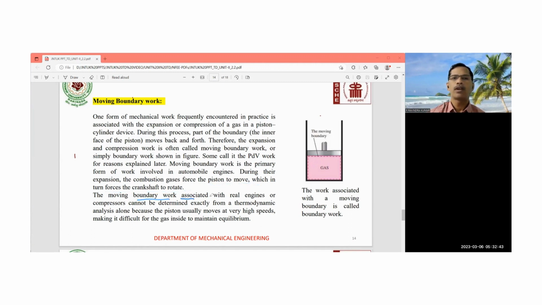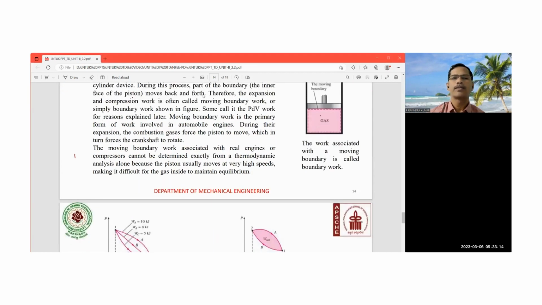The moving boundary work associated with real engines and compressors cannot be determined exactly from a thermodynamic analysis alone, because the piston usually moves at very high speed, making it difficult for the gas inside to maintain equilibrium. This is what the student has to understand.